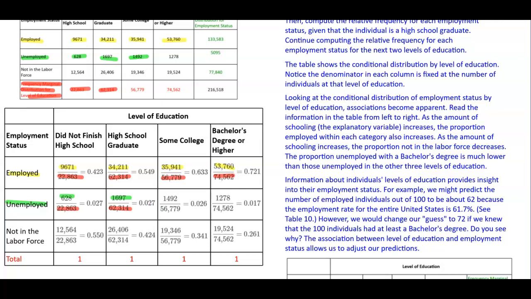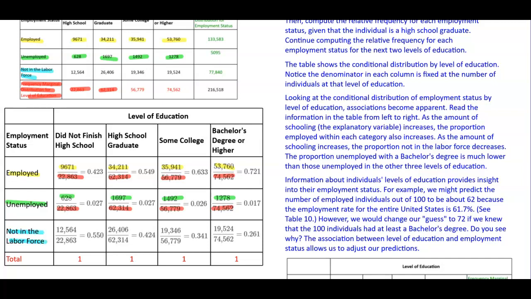For some college, the unemployed are 1,492, divided by the total in that column, 56,799, to get a relative frequency of 0.026. The last number in that row is 1,278, for the bachelor's degree or higher, divided by the total in that column, 74,562, to get 0.017.